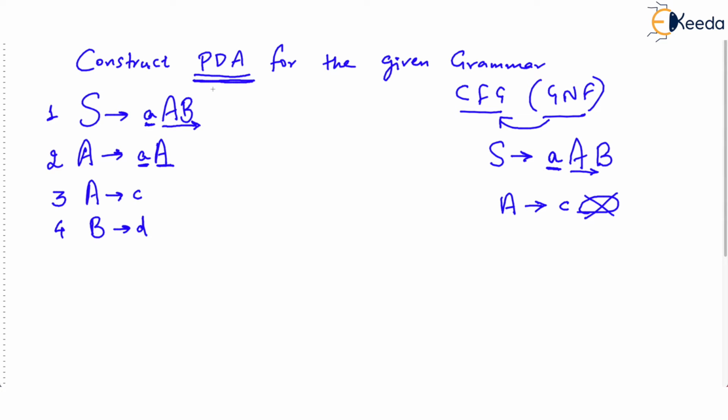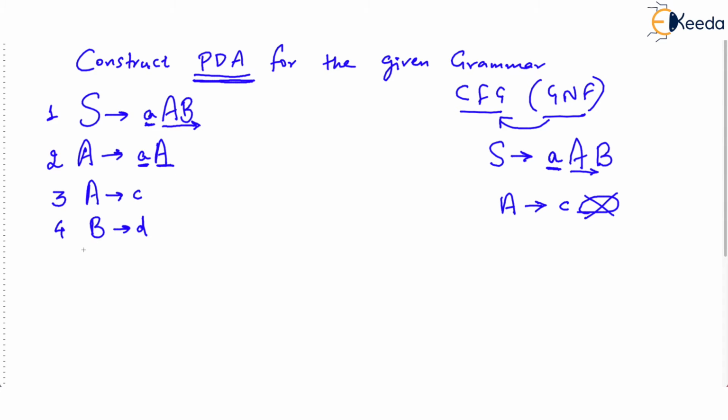Before I show you the steps, note that the PDA that we will get will be a non-deterministic pushdown automata. Come again. If we are given a GNF and we are constructing PDA using GNF, then we get NPDA. Remember this, I'll come to this point when this topic ends.